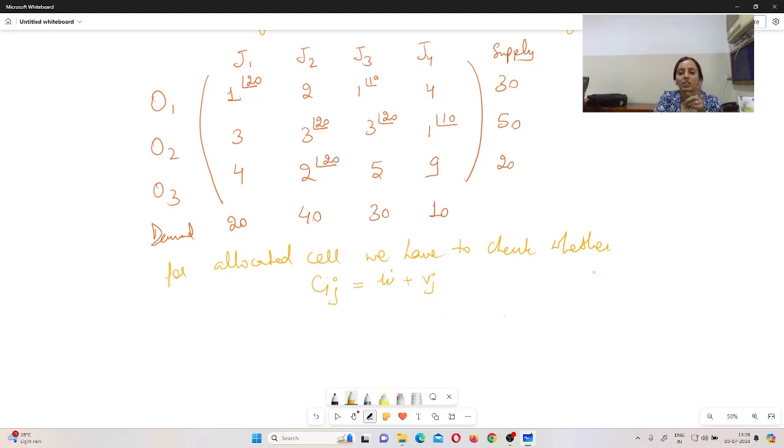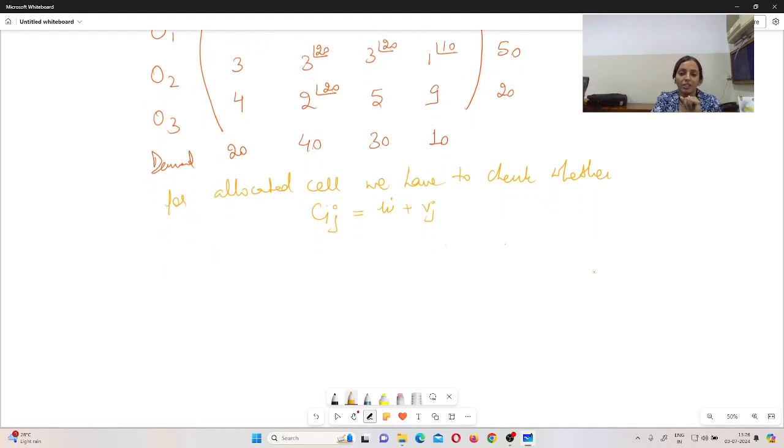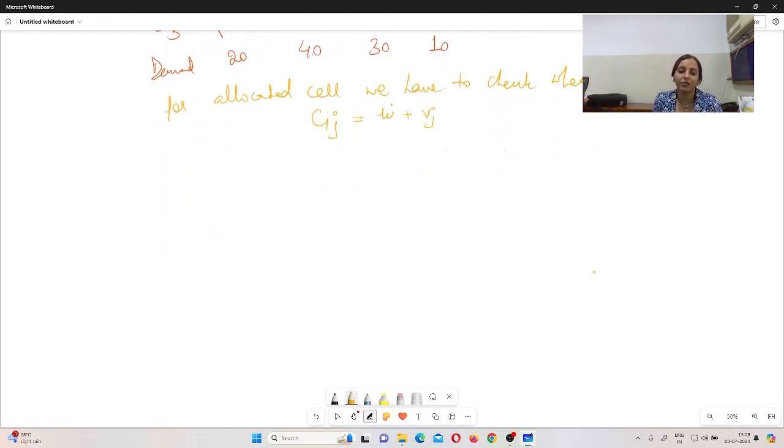Now we have to find out what this Ui plus Vj is. So what we have to do, we first write down only the allocated cells, and then I'll explain what Cij and Ui plus Vj are. So make a matrix again, and write down O1, O2, O3, and over here J1, J2, J3, and J4. And write down only those cells having allocations.